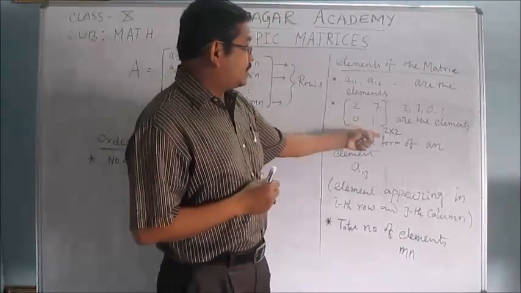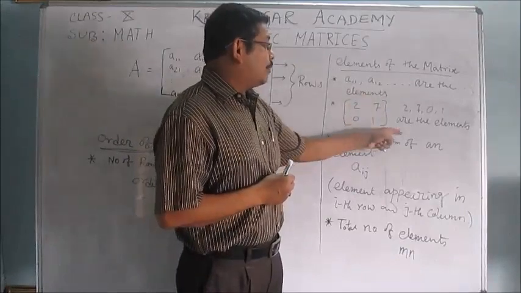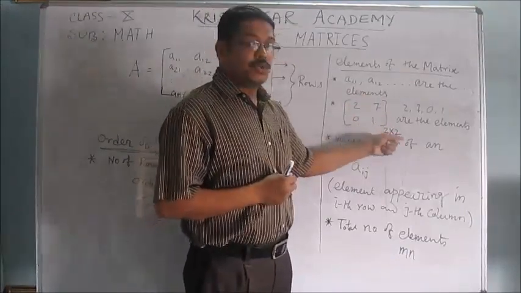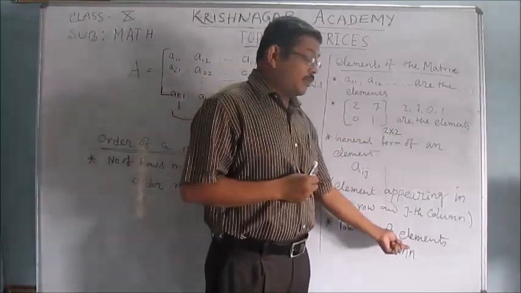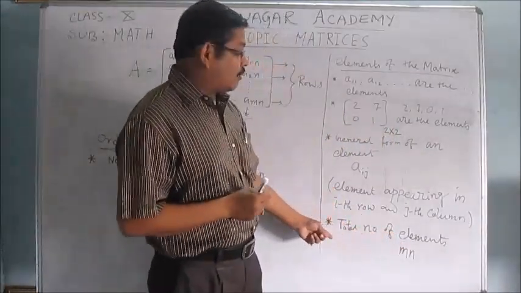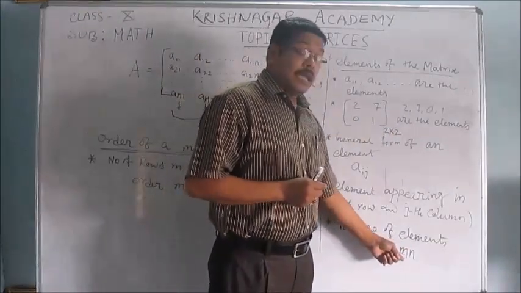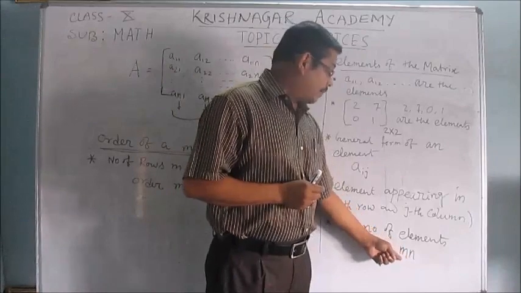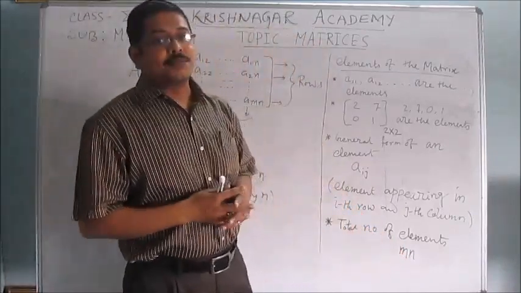For example, you see 2 rows and 2 columns in this matrix, so the total number of elements will be 2 into 2, that means 4. So the formula: if the order of a matrix is m by n, then the total number of elements will be m into n.